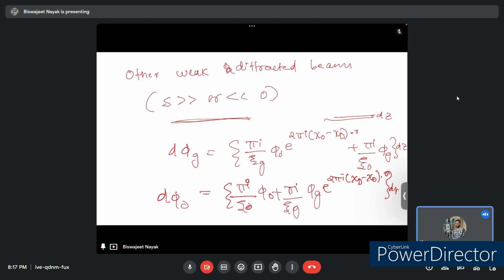So here chi 0 minus chi d is the change in wave vector as the phi g beam scatters into the phi 0 beam, and similarly the other one, chi d minus chi 0, is the change in wave vector as the phi 0 beam scatters into the phi g beam.